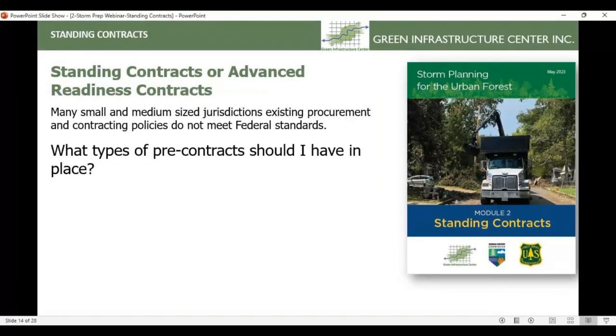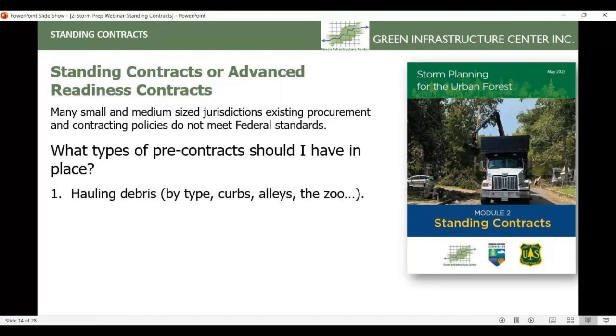So in many small and medium-sized jurisdictions, existing procurement and contracting policies do not meet federal standards. And so there are certain types of pre-contracts that you should have in place when we're talking about a storm cleanup response effort. One is just hauling the debris, and this can be hauling debris by specific types. There are different types of debris, and they need to be treated separately through different contracts.